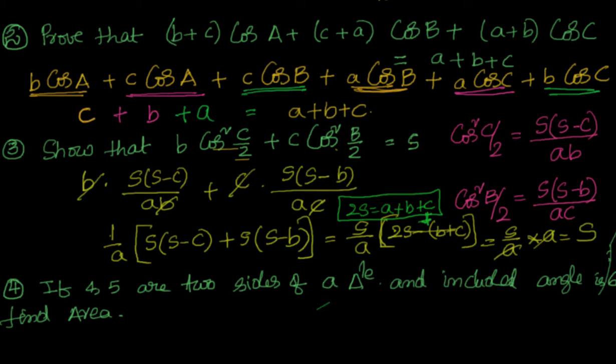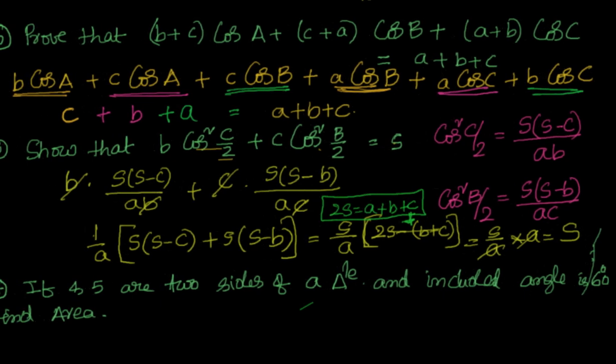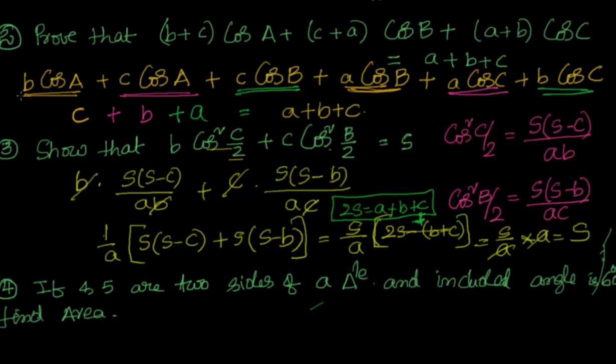If the sides are a and b, the included angle will be c. So this is nothing but half of ab into sine c, direct substitution, that is half into 4 into 5 into sine 60, that's nothing but root 3 by 2.